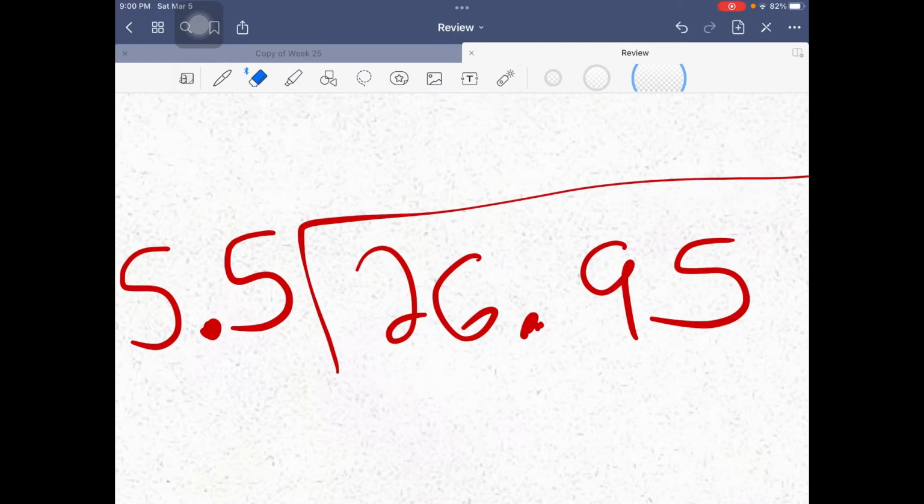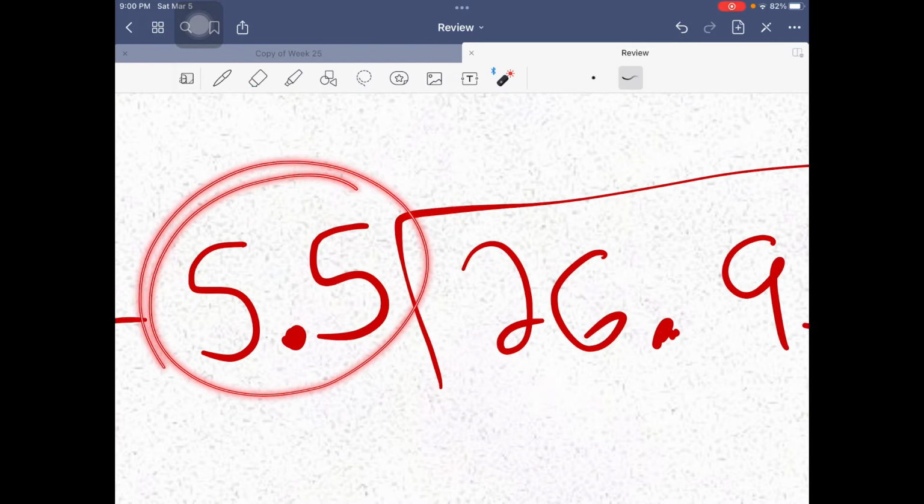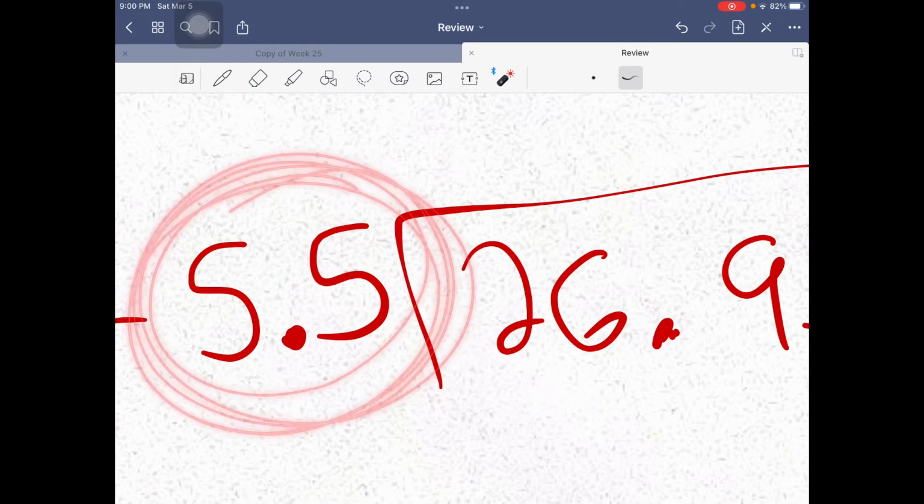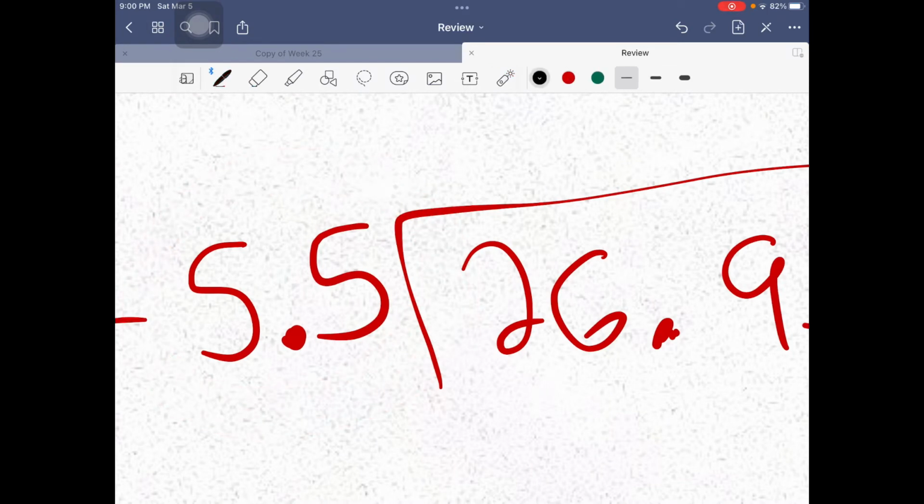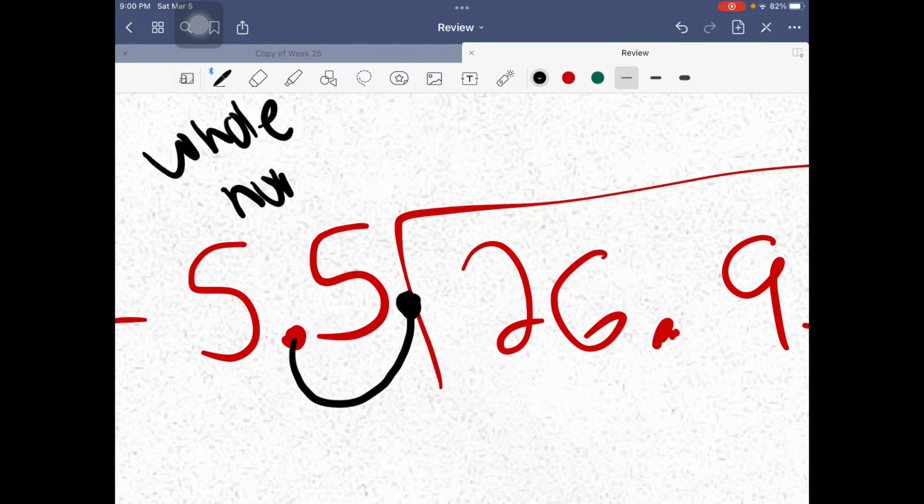Now, can I divide? One very important question. Can I divide by a decimal? No, you cannot. So what do you need to do? Jump, make however many jumps you need until what you're dividing by is a whole number. I don't care if it's 1, 2, 3, or 10 jumps.